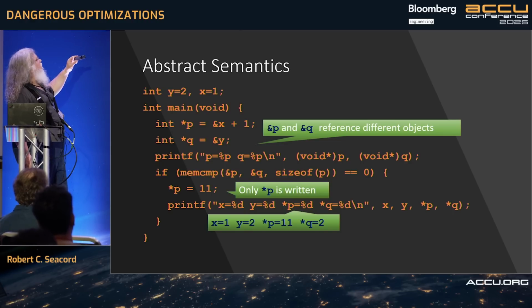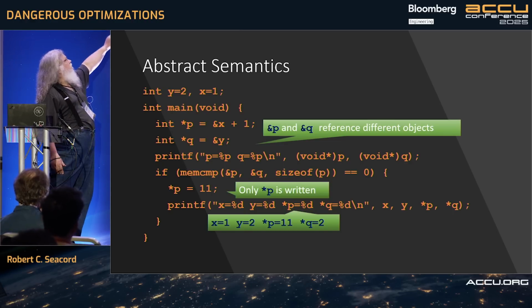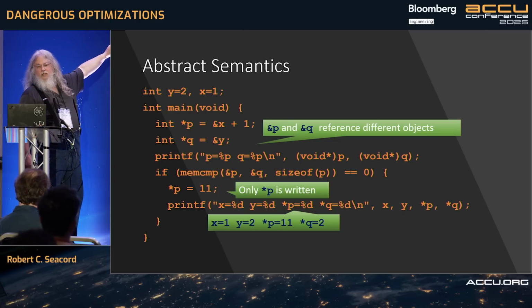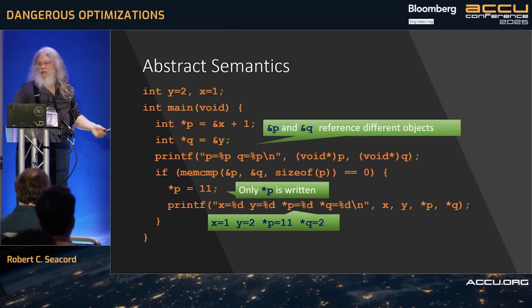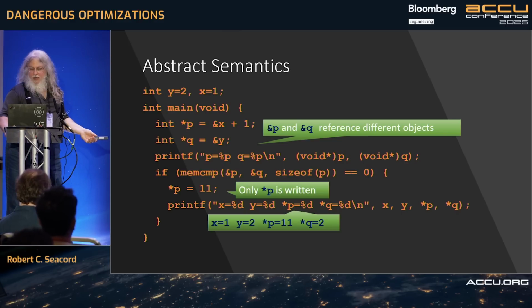When is Y written to? And the answer is those things are never changed, right? So it doesn't generate any code that generates values for X and Y, because those values are never changed, and therefore that's dead code that can be optimized away.